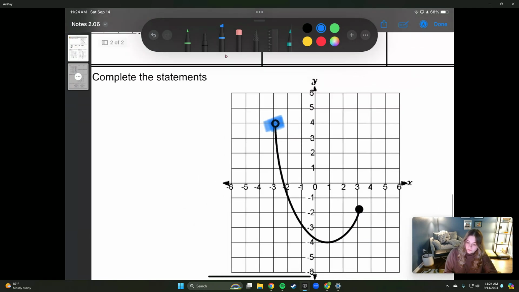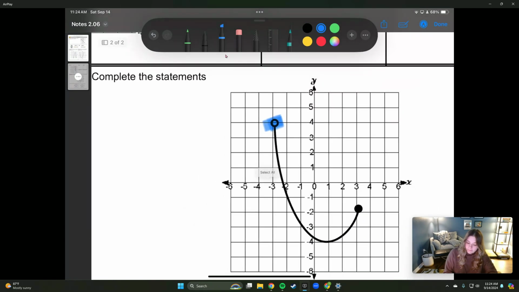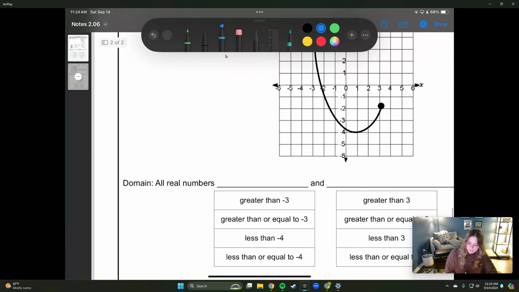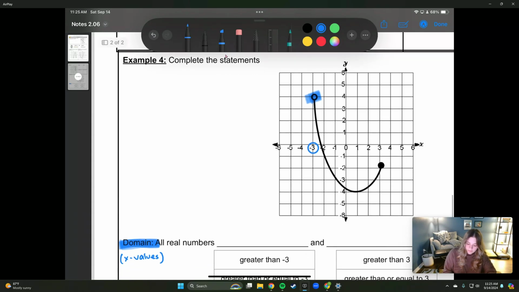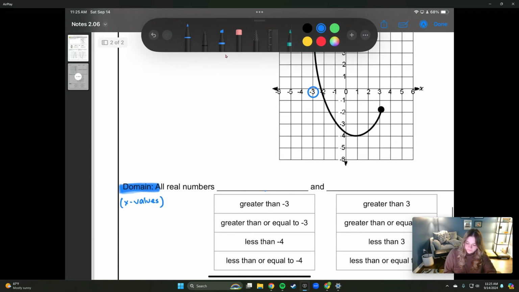Okay? For my y. But what is it asking for? It's asking for the domain. So right now, I need to look at the domain, and that is going to be my x values. So let's see where it's at on the x value. It's at -3.